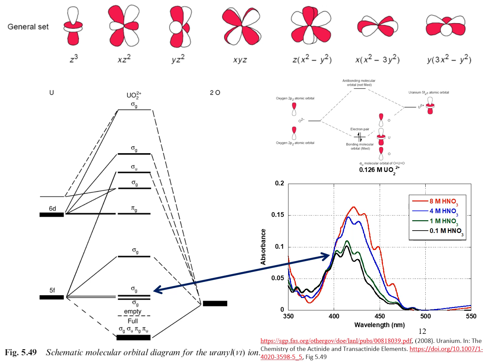Now, the reason that these molecular orbitals exist is the mixing of the atomic orbitals. An example is shown here. Here are the 2pz orbitals from oxygen mixing with the 5fz³ orbital from uranium, forming these sigma orbitals.